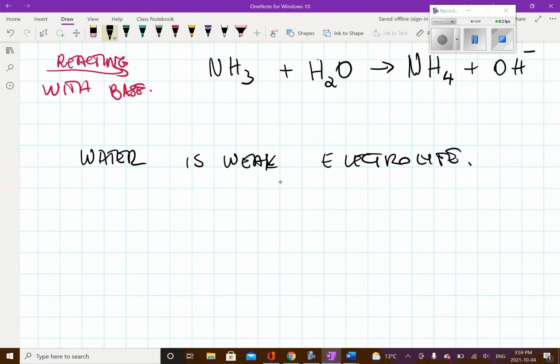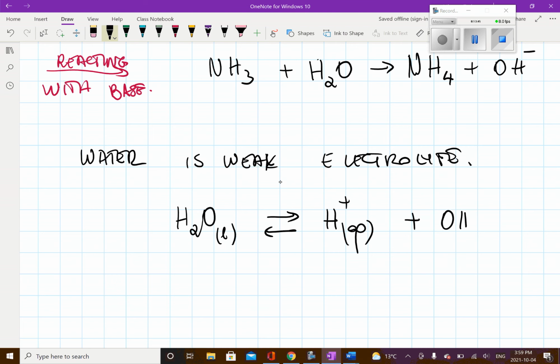Okay, it's a very weak electrolyte, therefore a poor conductor of electricity, but still it goes into ionization to some extent. So what is happening is water, liquid, is going into ionization of H plus and OH minus.